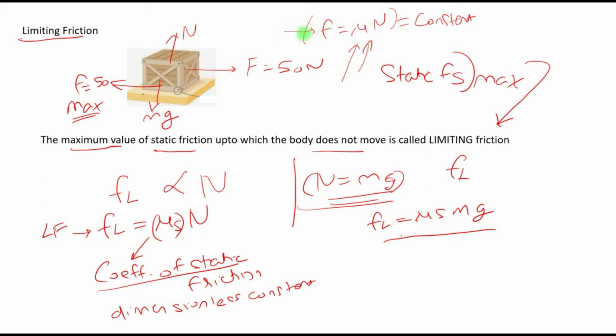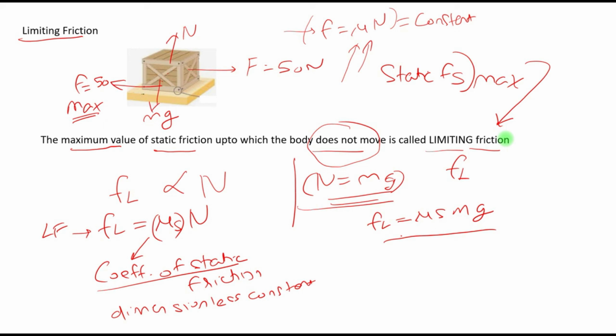The logic is that this formula is only for the maximum possible value of static friction, and static means the body is at rest. Even though the applied force is 50 newtons, the body is still not moving. So this is the key: the body does not move and the friction has its maximum possible value.